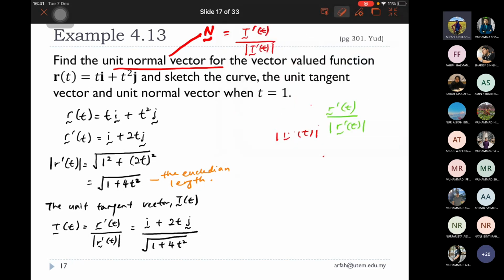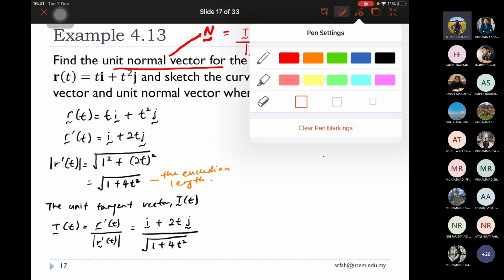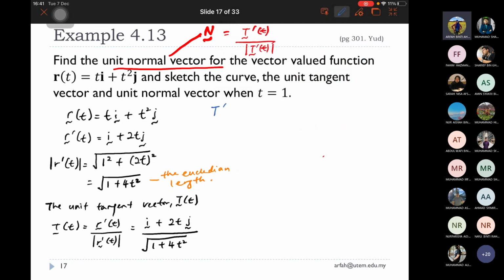Okay. Kita cuba dapatkan dia punya unit normal vector. That means awak kena dapatkan T prime t. So dapatkan pembezaan bagi T prime t. Okay, salin dulu.